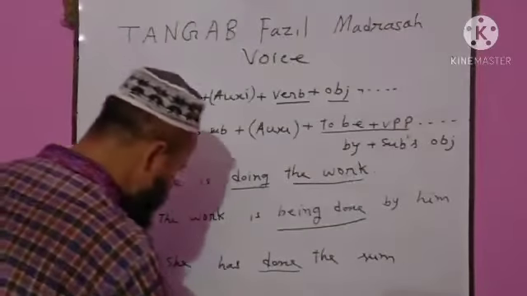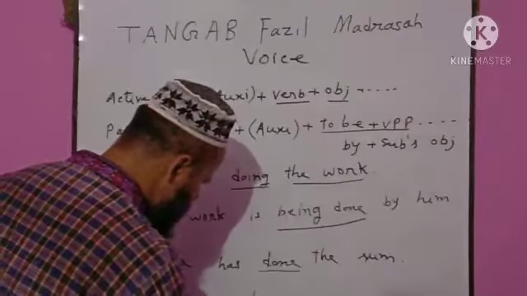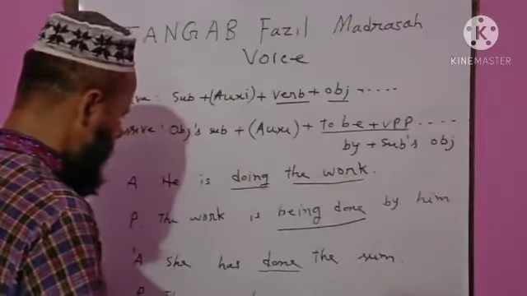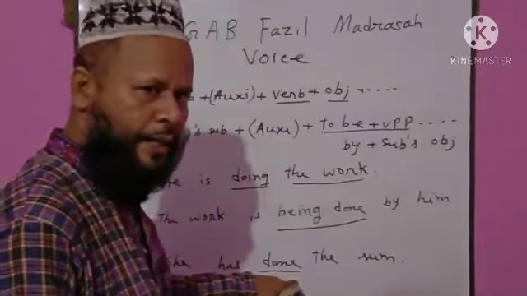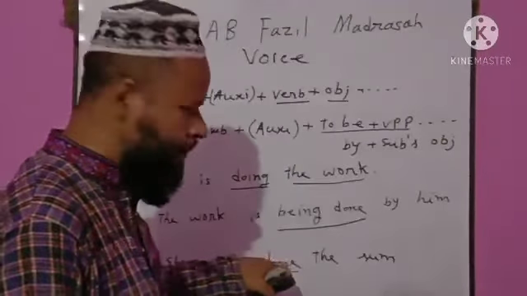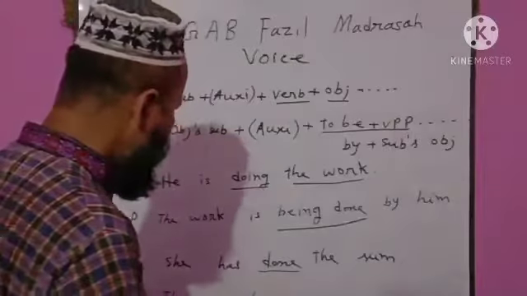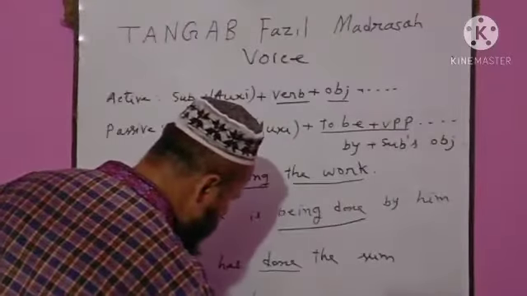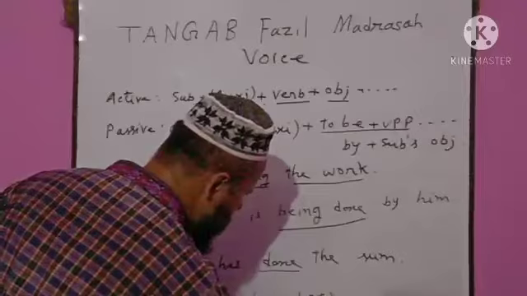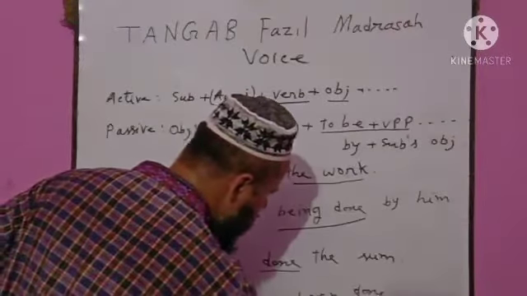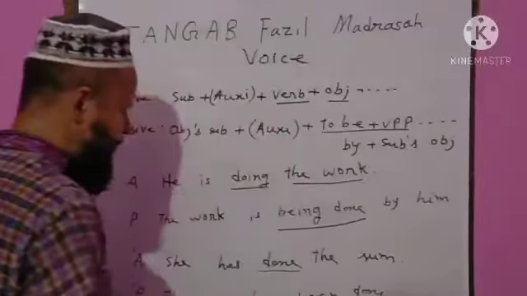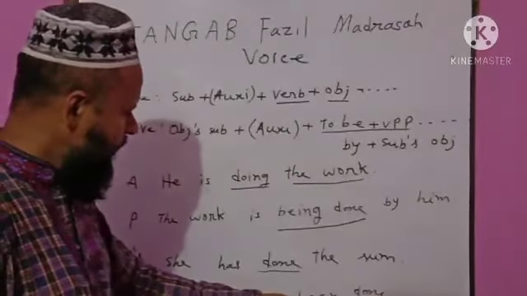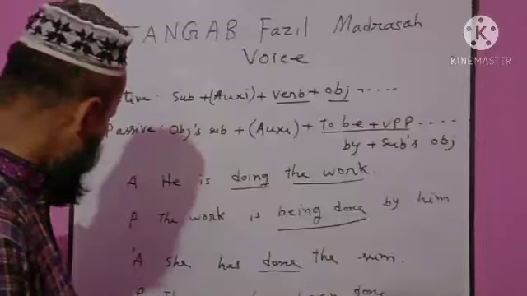Then auxiliary has. As the main verb is done and it is in past participle form, so passive is being done. As the main verb is past participle, so to be is been.